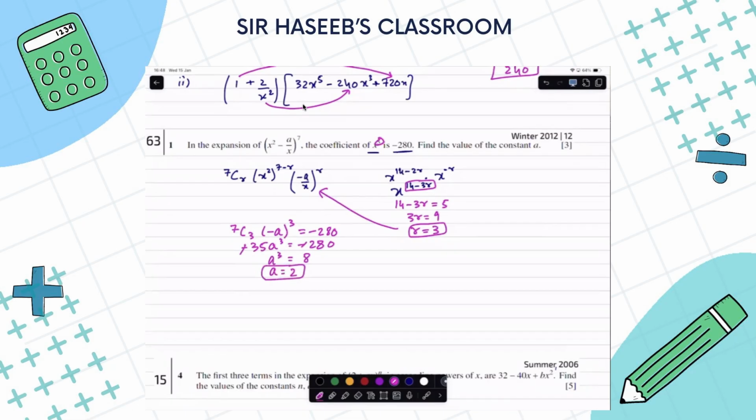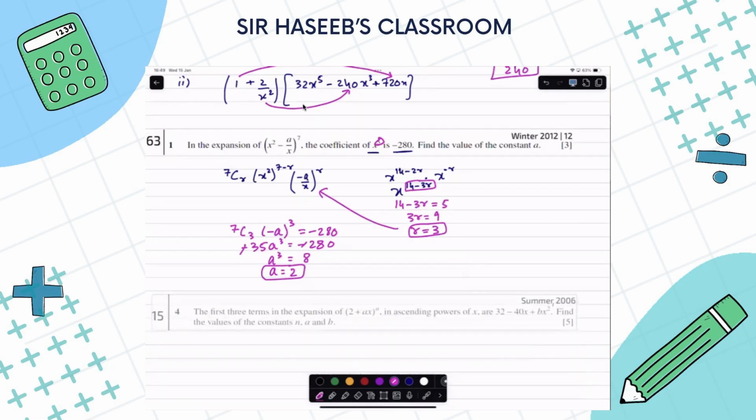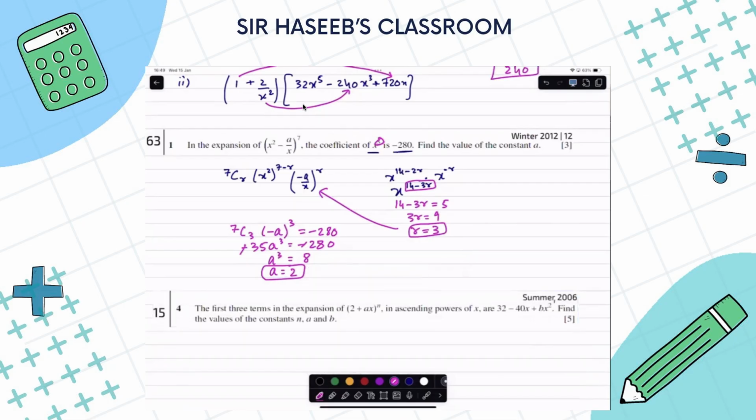A is 2. Got it? Okay. Clear? Yes, sir. I kept on accidentally taking a as 9, so that's why my answer was getting wrong. But then I realized it was a, not 9. Oh, okay. Got it.